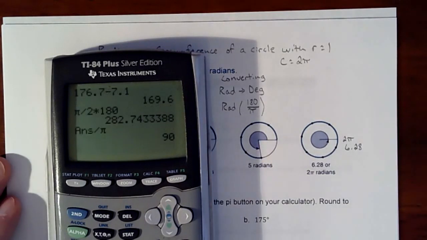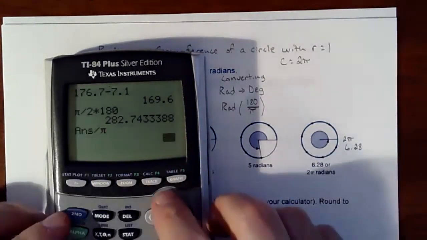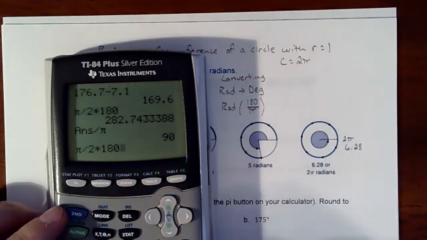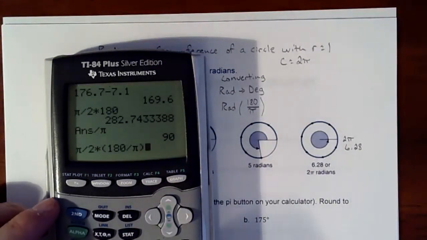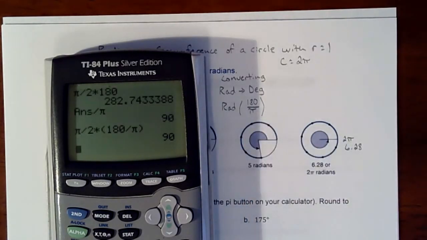And there's your 90 degrees. Okay. So I'd probably do it in steps to not screw it up. Well, it doesn't matter. You could also just put it in parentheses, 180 divided by pi. Okay, so that's the same thing.